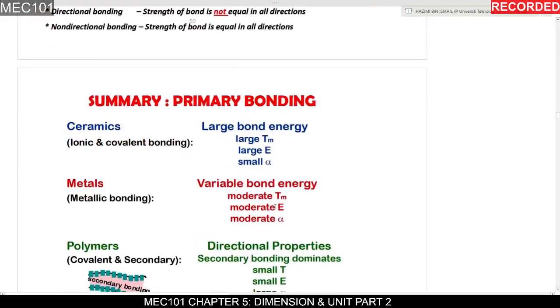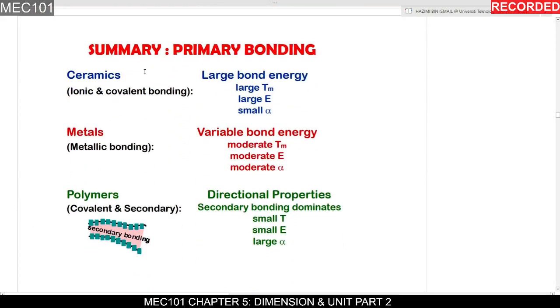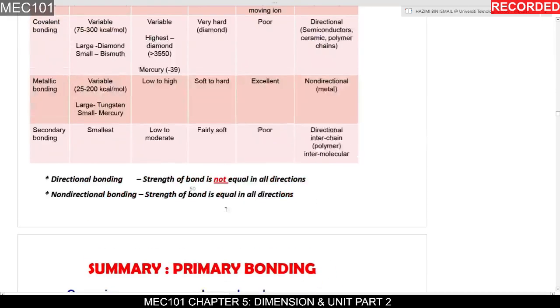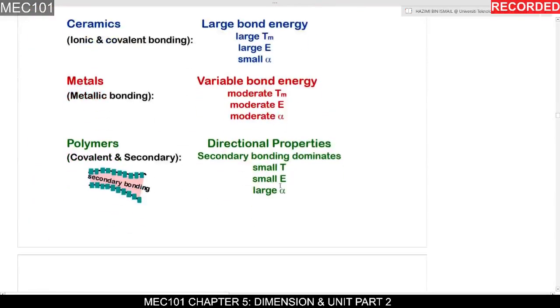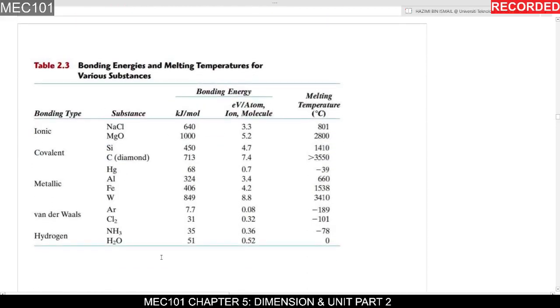So this is the summary, similar to what I have explained in this table. This is the value you can find here: for magnesium oxide, the ionic has 1000 kJ per mole. It is the highest in this table, and the melting temperature can be 2800, very high, but still lower than diamond itself.